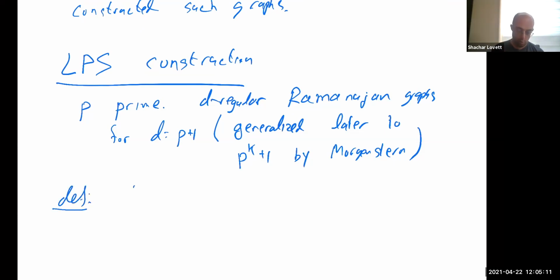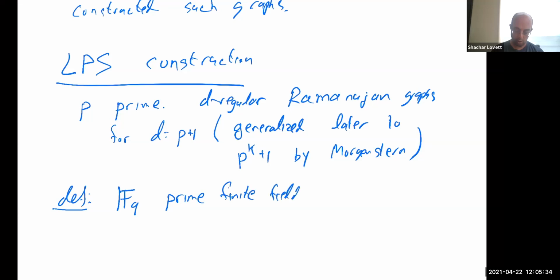So the first definition is what's called GL2. Okay, first of all, before that, we will need F_q to be the prime finite field.